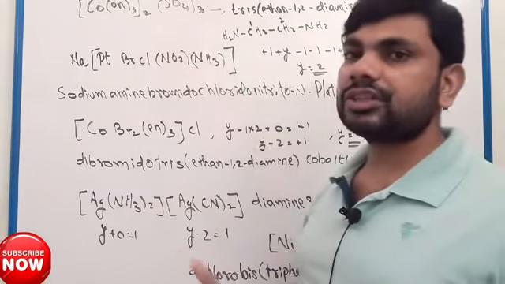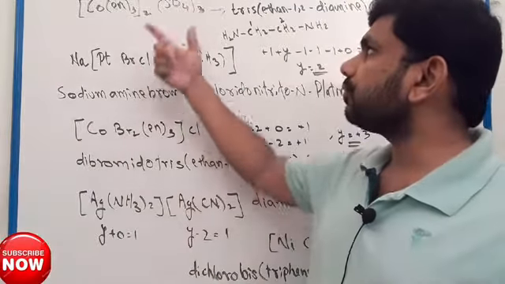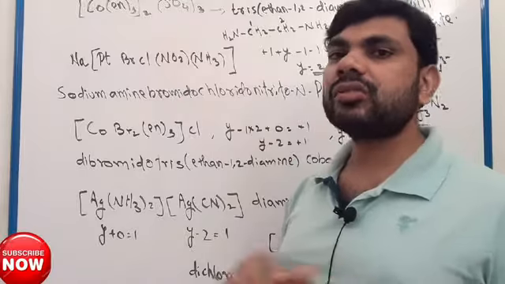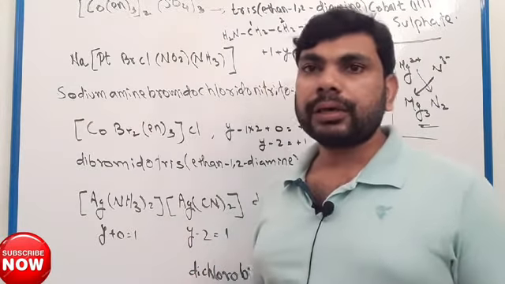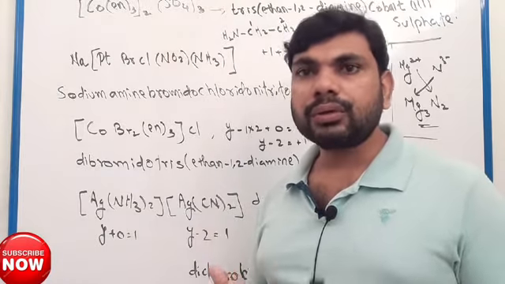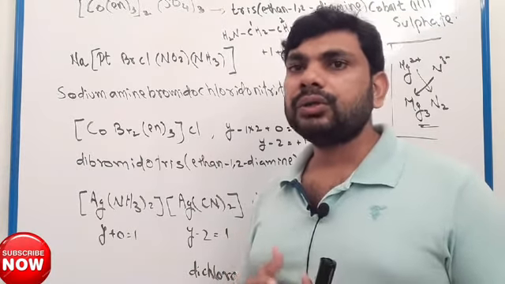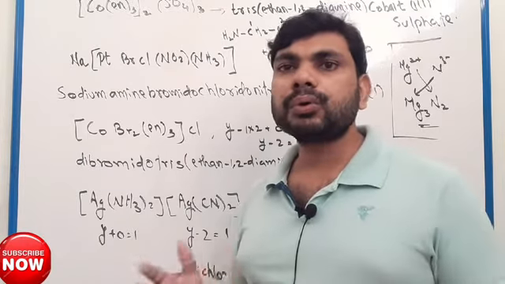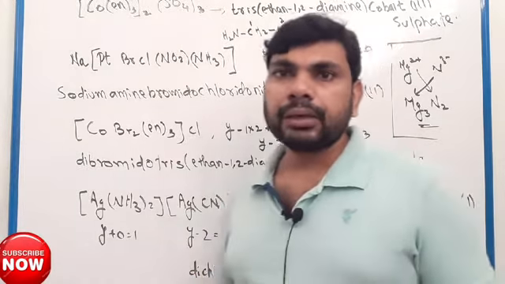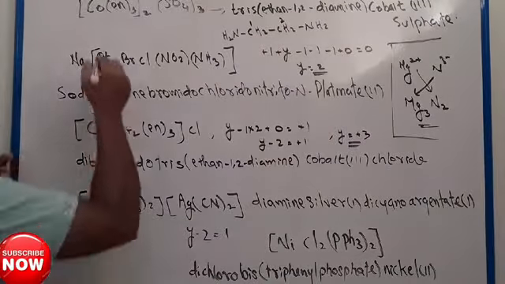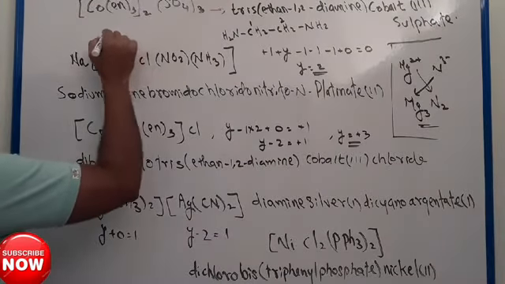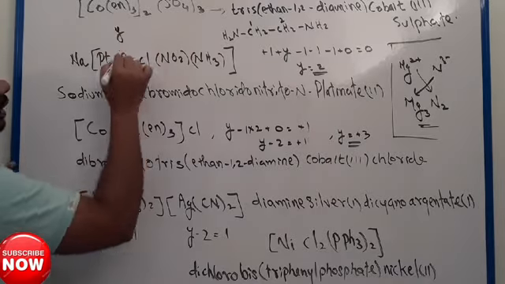Here no need to write trisulfate. I told you before, for the anion part you just write sulfate, chloride, bromide. Even if there is one bromine or one chloride, you need not mention mono, di, tri. Now let us check why cobalt is 3. Here we want to find the oxidation state of cobalt, so it is y.